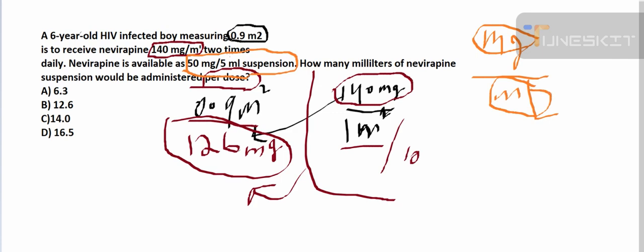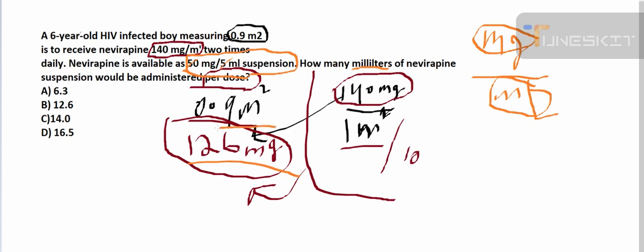Okay, if 5 ml contain 50 mg, then for 1 ml we will divide this. The 1 ml will contain 10 mg. And we have to calculate the milliliters. How many milliliters of nevirapine suspension would be administered per dose?